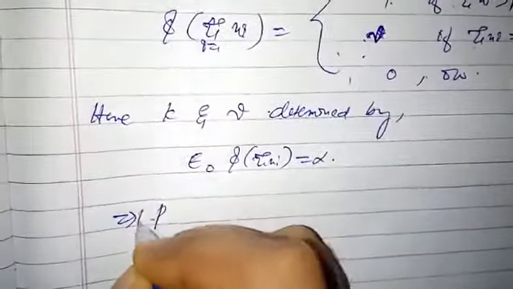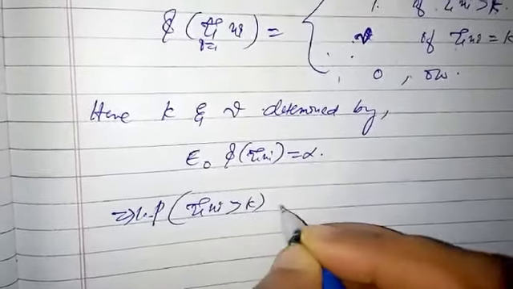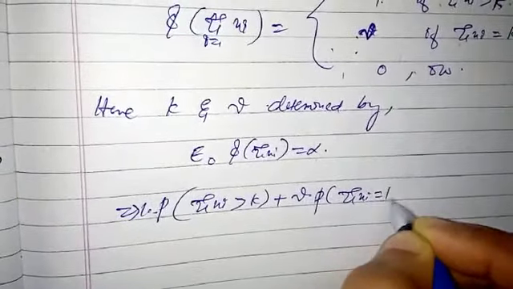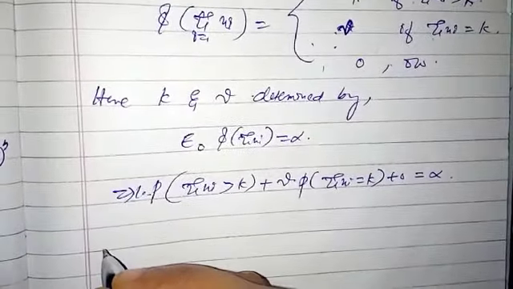This 1 into probability of summation xi greater than k plus gamma into probability of summation xi equal to k plus 0 equal to alpha, right?